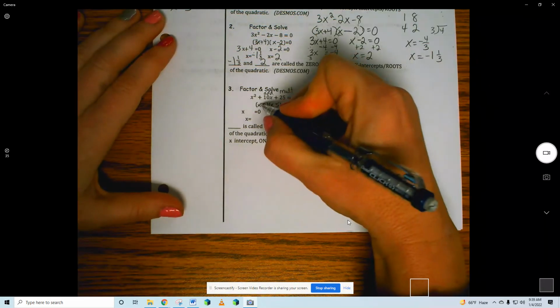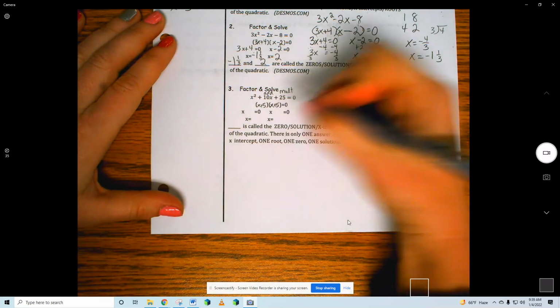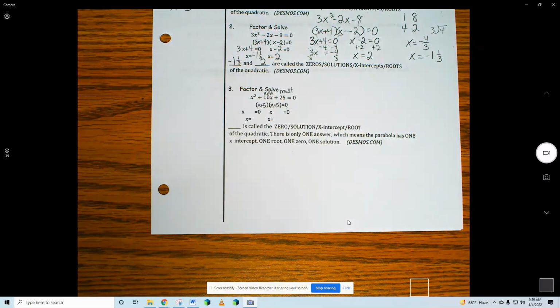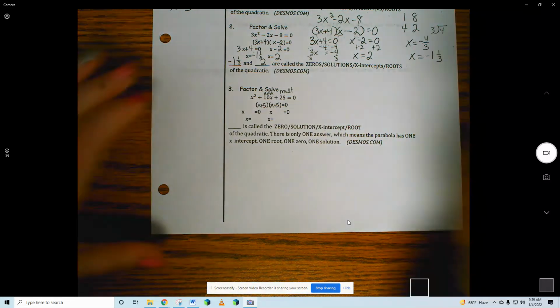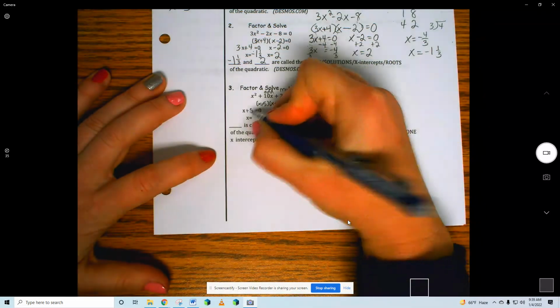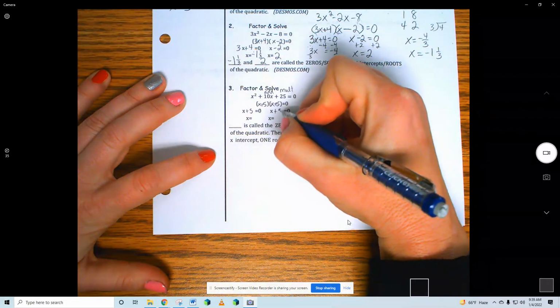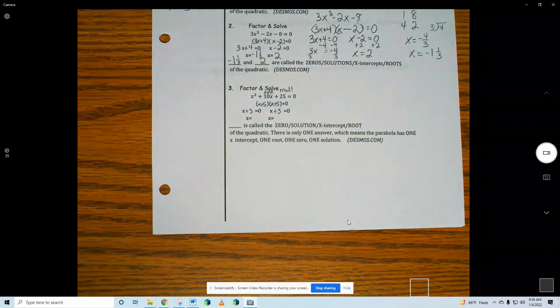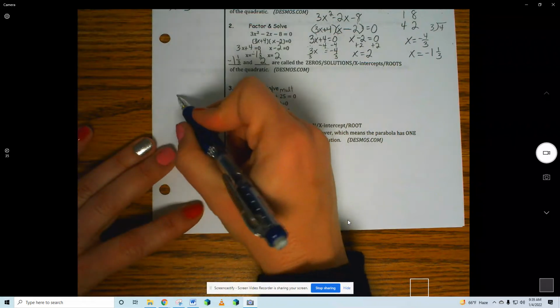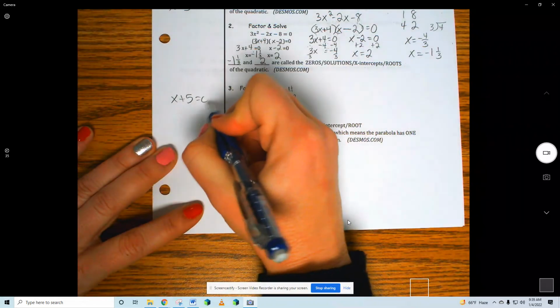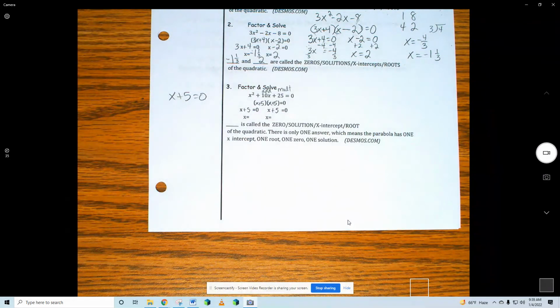So x plus 5, x plus 5. Sorry it's so small. X plus 5 equals 0. X plus 5 equals 0. Solve for x. They're two of the same thing in a row.